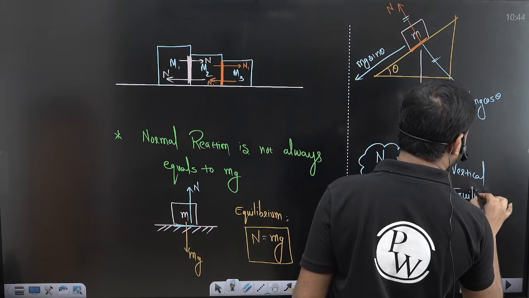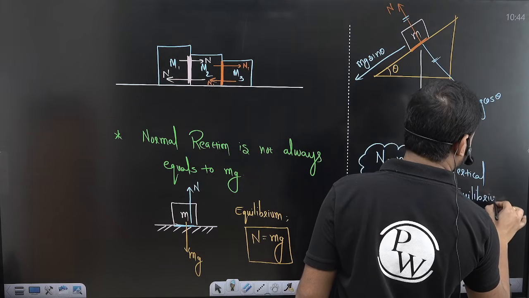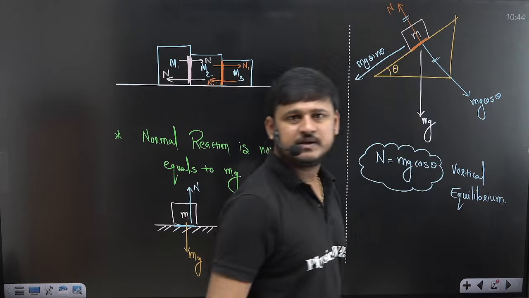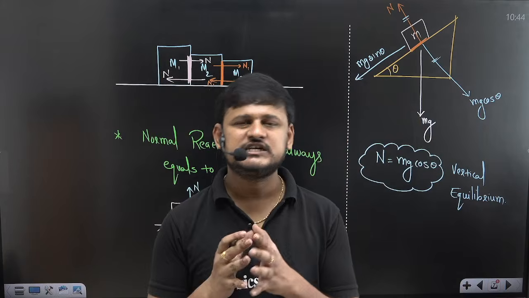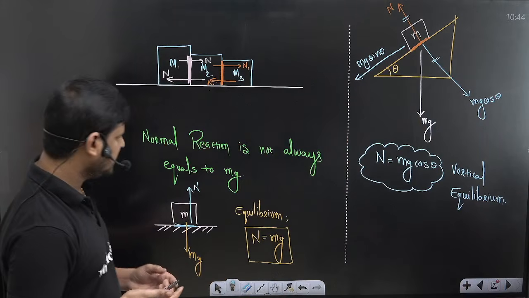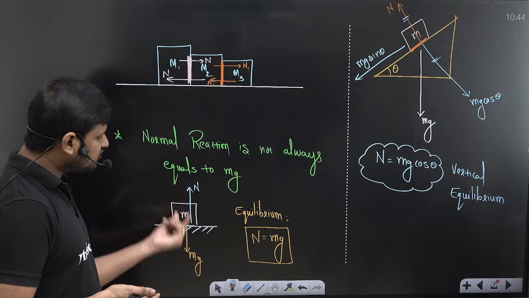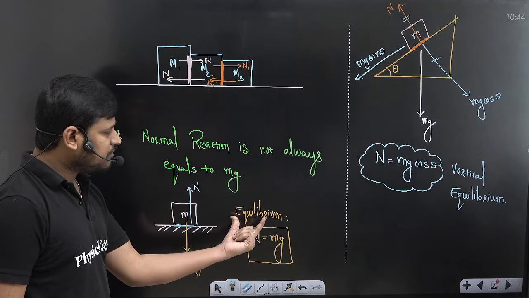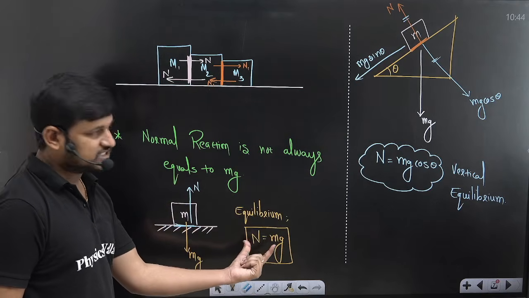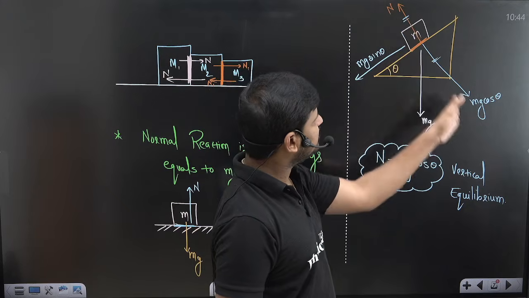See, equilibrium can be horizontal equilibrium or vertical equilibrium. If the horizontal forces are equal acting on the body, then it's in horizontal equilibrium. Yes or no? So here vertical forces are equal, so there are no horizontal forces. That's why the body is in equilibrium, I am directly saying. So here horizontal force is there, vertical force is there.